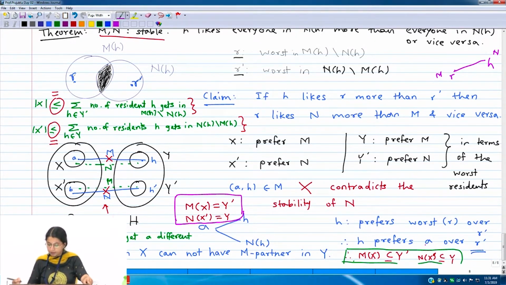And now this will simplify things for us further when we actually try to show this main theorem. So any questions so far? It's a little tricky argument, but maybe you can go over it at some point and approach me definitely if it is not very clear.